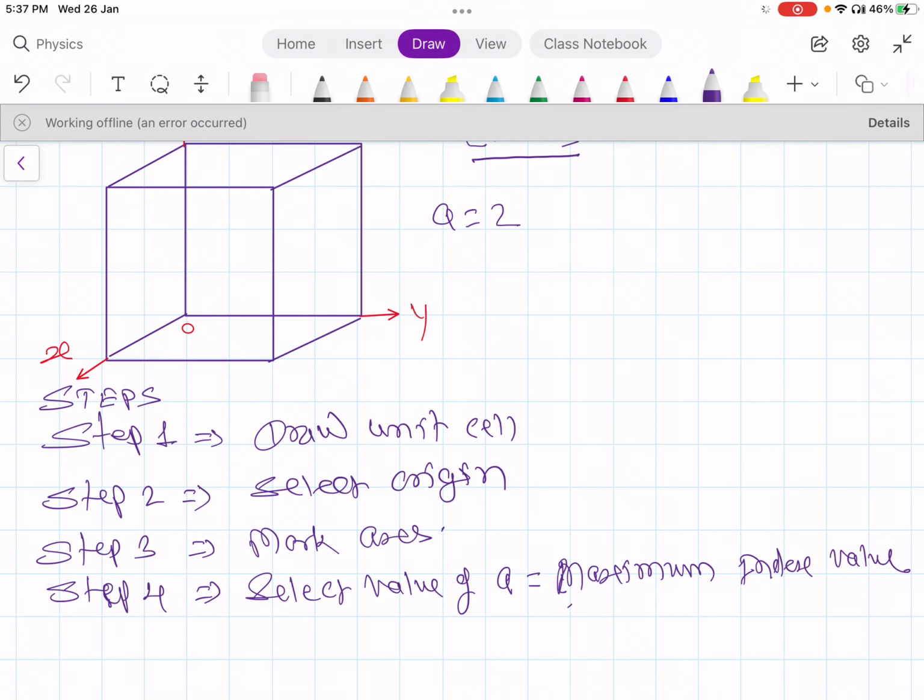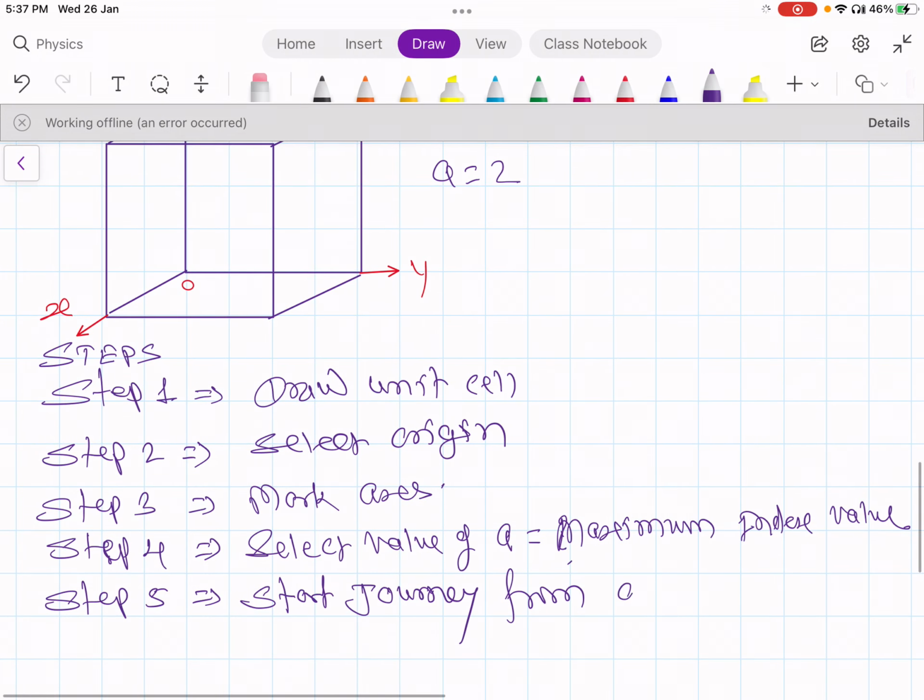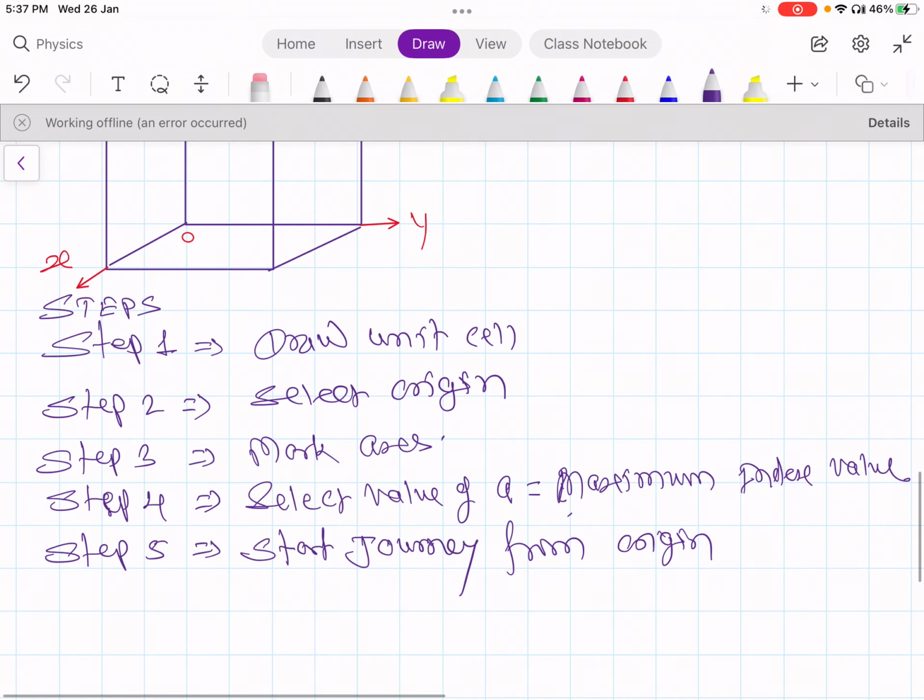So once the value of a is selected, step 5 is start your journey from the origin. You have to always start from the origin, and you have to move distance u. If the x index is u, then you have to move distance u along the x-axis.